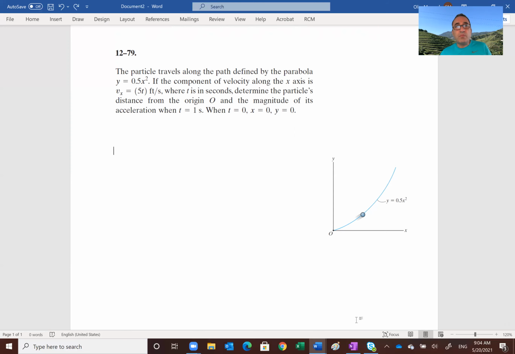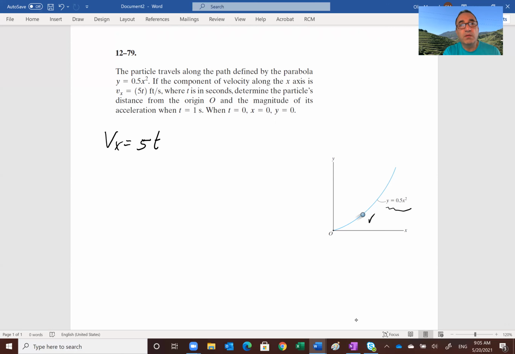Okay. It says the particle travels along the path defined by the parabola. You see this particle is traveling along this path defined by this equation, y equals 0.5 x squared. If the component of velocity along the x-axis is given, so look, this problem is a little bit different. V sub x is 5t, in feet per second.